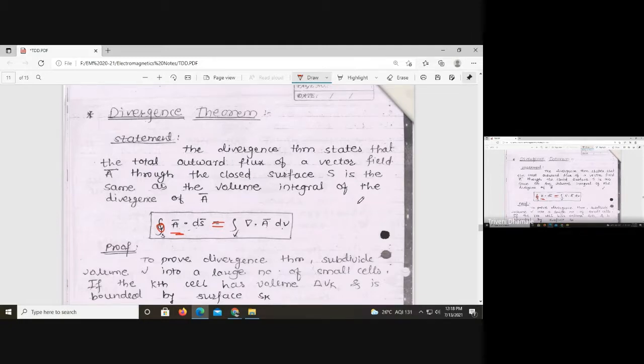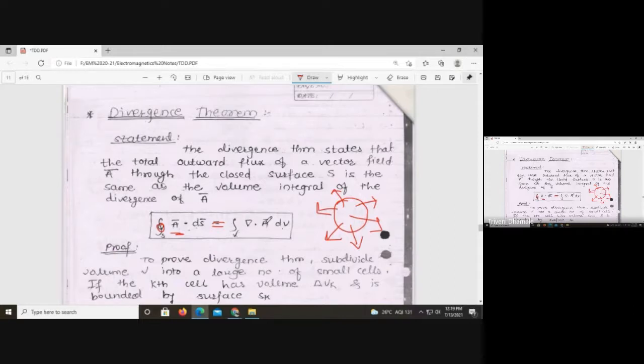Suppose I take a balloon here, then the net outward flux from this is the flux, this is the LHS side, and what is the RHS side? Volume integration of the divergence of A bar.